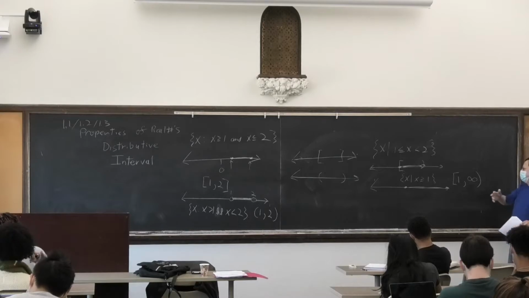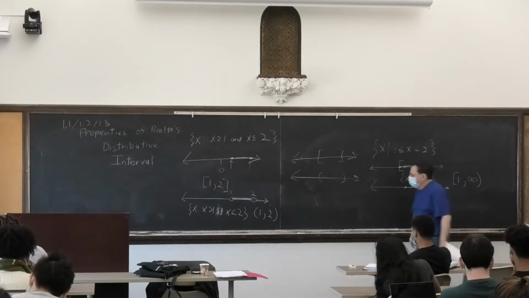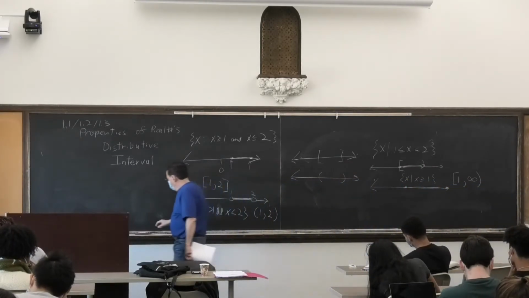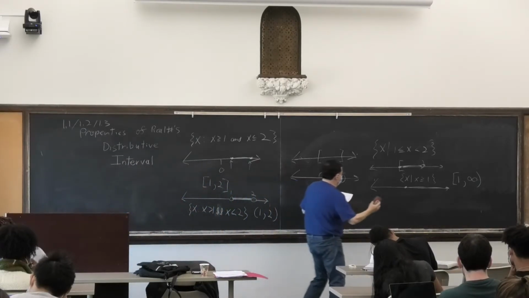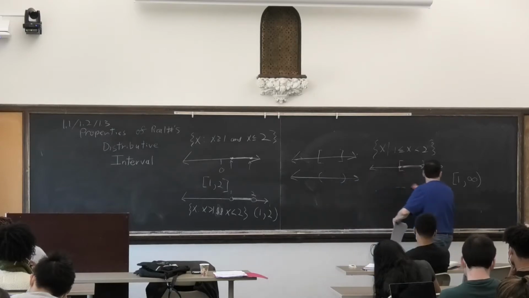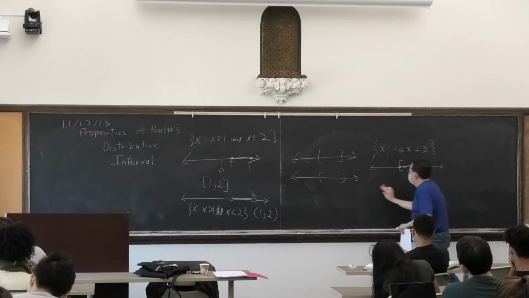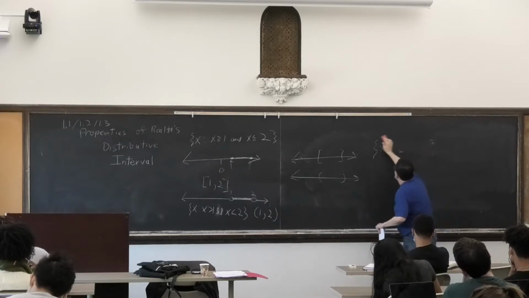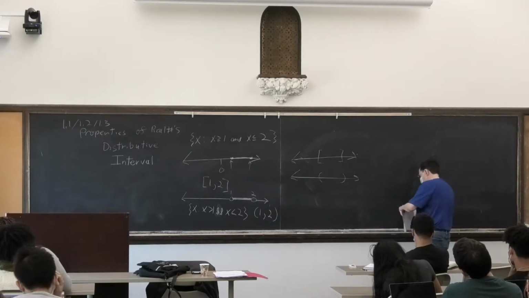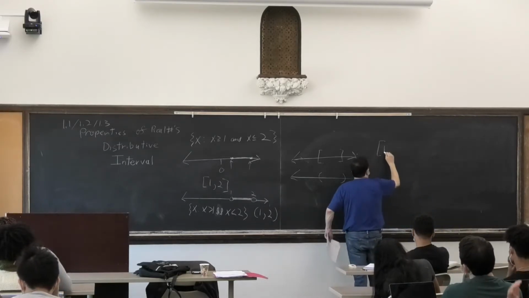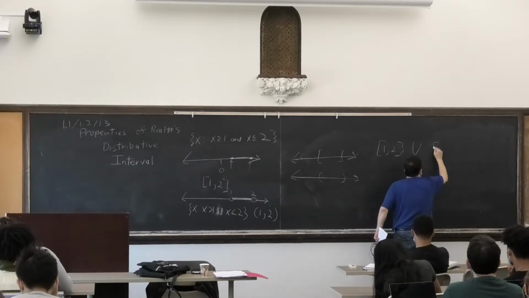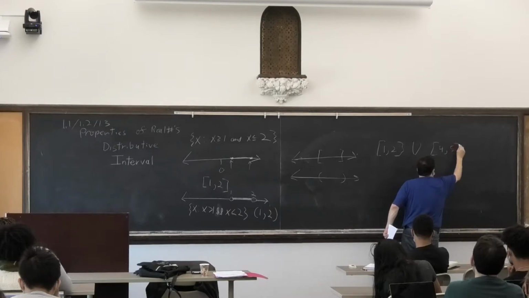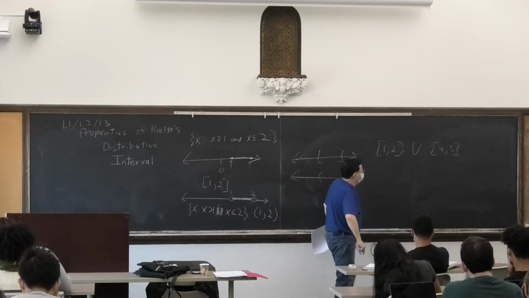All right, that's intervals. This will come up when we're looking at sets and subsets. You could have an interval like this, 1 to 2, union 4 to 5, and that would just be 2 intervals.